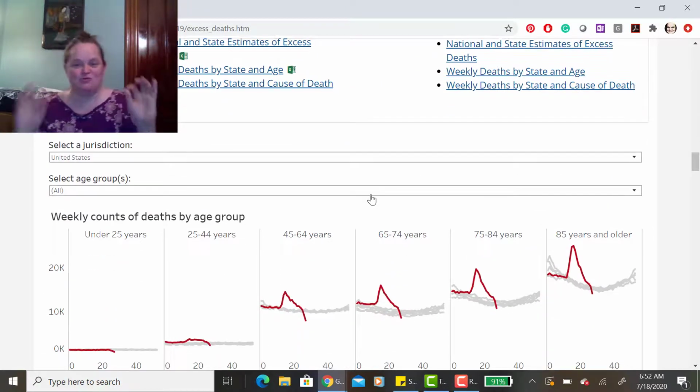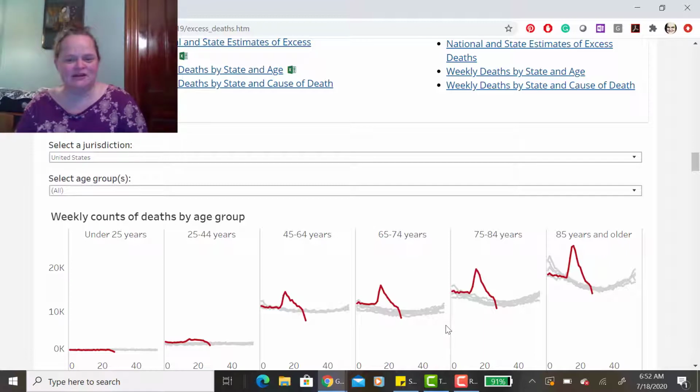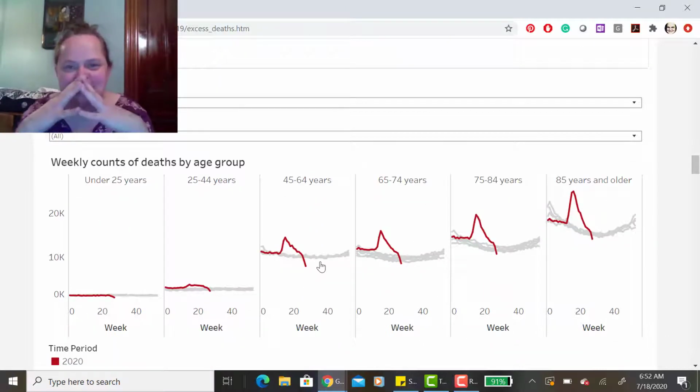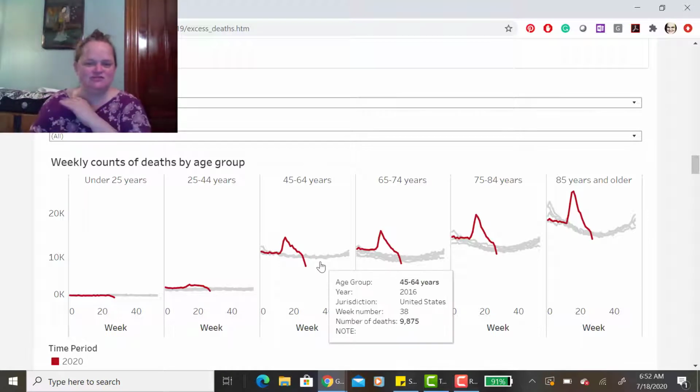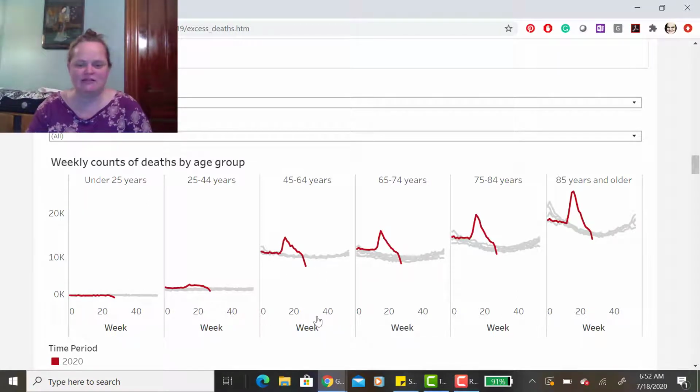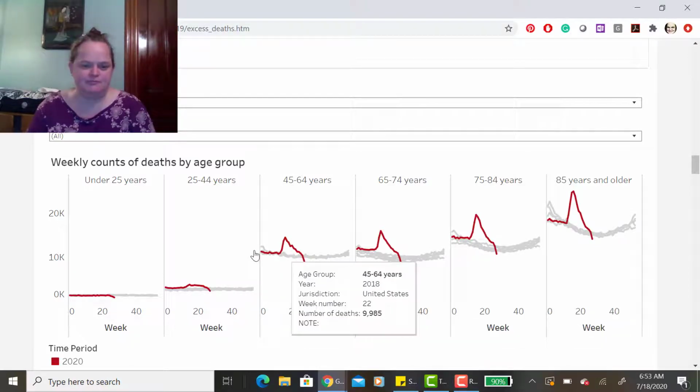Okay, weekly number of deaths by age. And now we're getting into some really interesting stuff because age is a huge factor in mortality just normally. Let's look at these light gray lines. The light gray lines show the number of deaths by week. Week 0 is the beginning of the year and it goes to week 52.